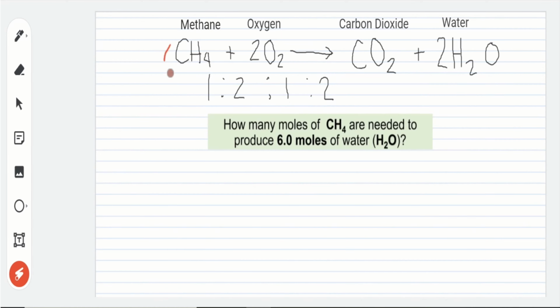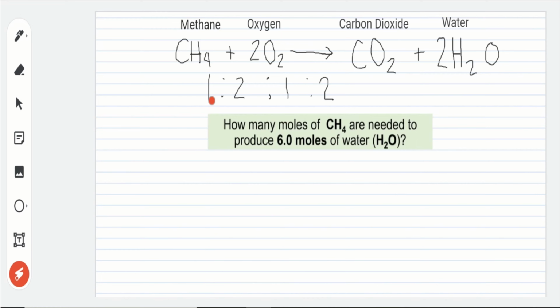But in this problem, we don't have 2, we have 6. So how many moles of methane do we need?